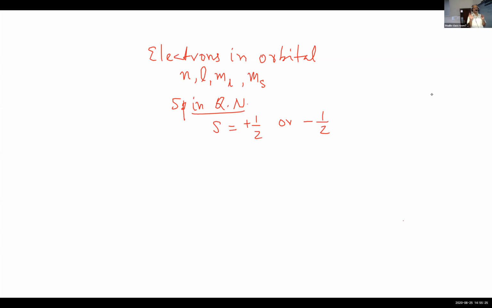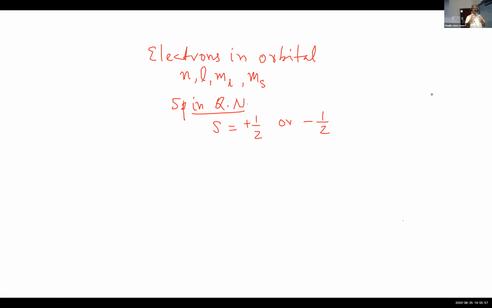If the spin quantum number is plus half, then this is the electron spinning in the clockwise direction. If the spin quantum number is minus half, then this is the electron spinning in the anti-clockwise direction. So the spin quantum number is required to identify the two electrons present in an orbital.